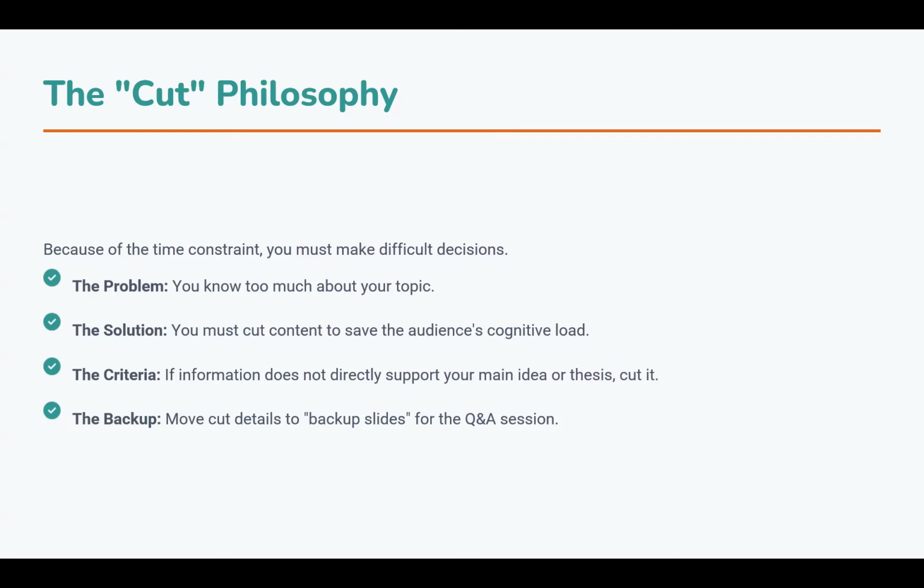But whatever you cut from your original decision of taking to the presentation, you can cut them from your original presentation. Now remember, even after your presentation slides, you can keep some of the backup slides. You know why? There is a session called Q&A where you can bring some of the cut details that you originally thought of taking to the presentation, but you did not bring it to the original presentation.